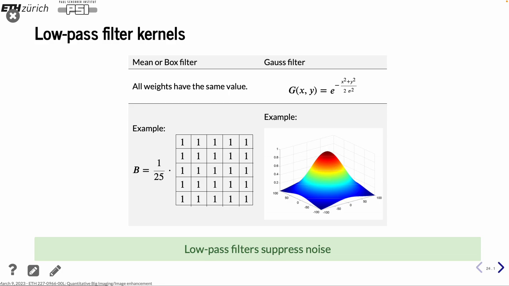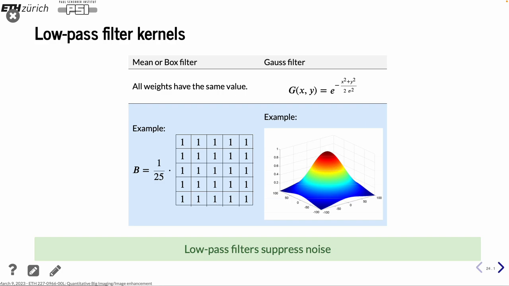In principle, it is a kernel whose weights in the convolution have the same value. Typically you have ones, or actually 1 over the number of elements in the kernel, in each element.